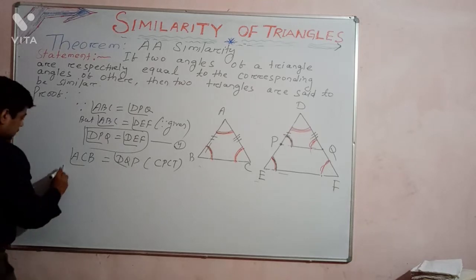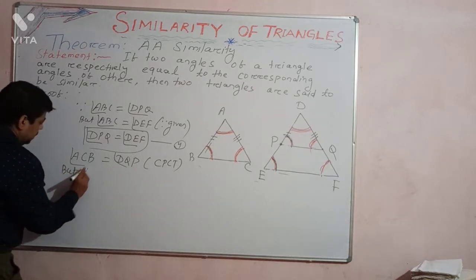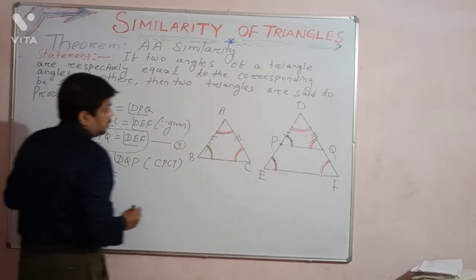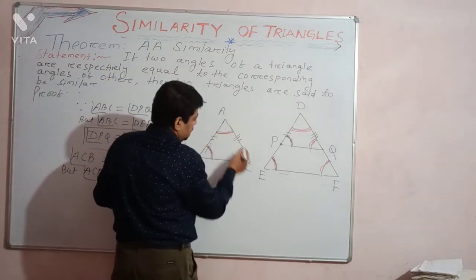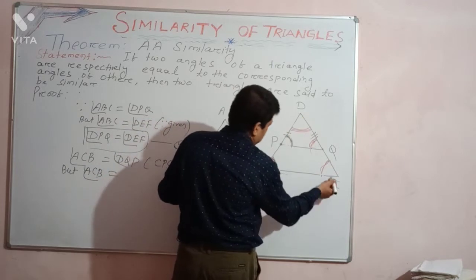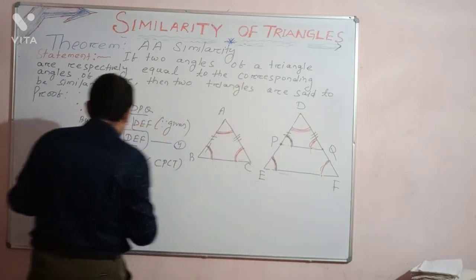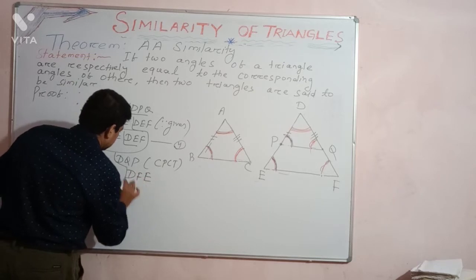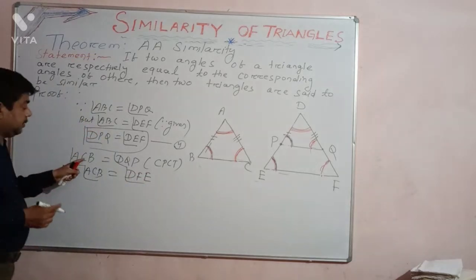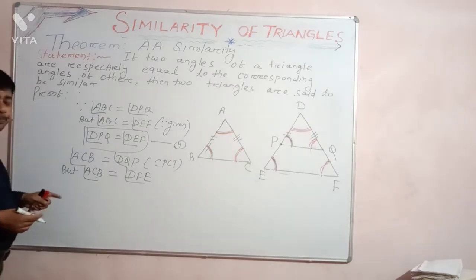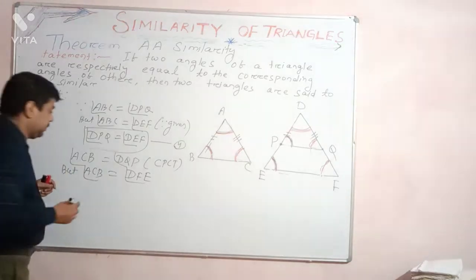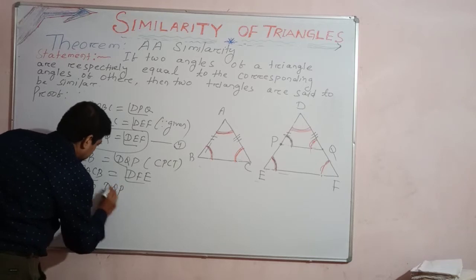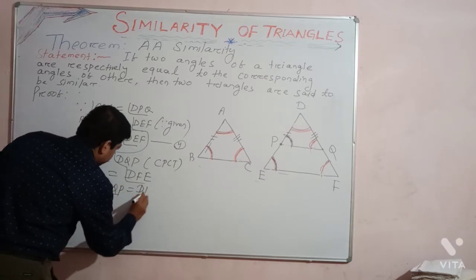But given that angle ACB is equal to angle DFE. If you equate, angle ACB is equal to angle DQP and angle ACB is equal to angle DFE, so you can prove that angle DQP is equal to angle DFE.